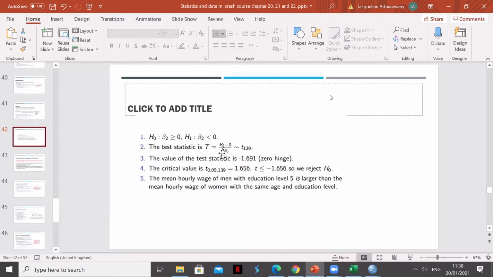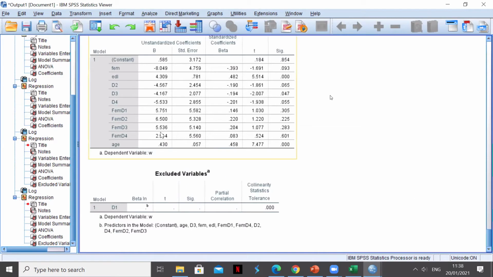And then the value of the test statistic is this. So we have the B2, fem education level. For the fem, it was for fem. Remember, my model is a bit messed up, so yeah. But we were looking at fem. And if you take the t, you can take it from the graph because we have a hinge of 0.